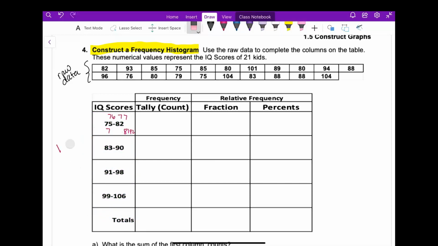Some other vocabulary that we've already seen is tally. A tally is when we count 1, 2, 3, 4, 5, and so on. Our fraction and our percents: our fraction is going to come from a part over a whole. So overall, I feel ready to get started since I understand all my vocabulary.